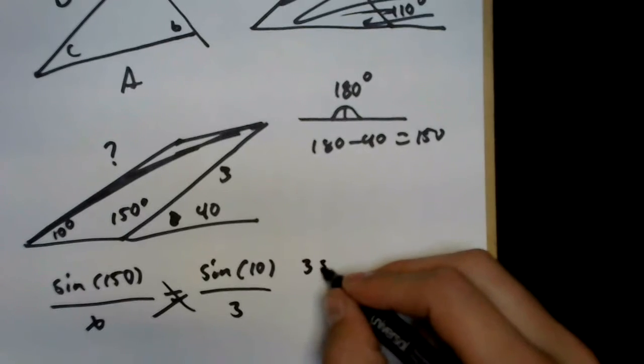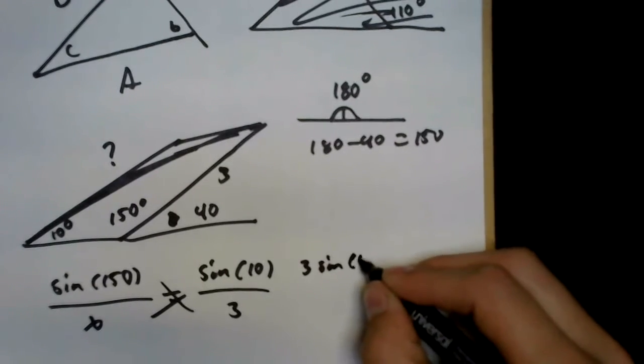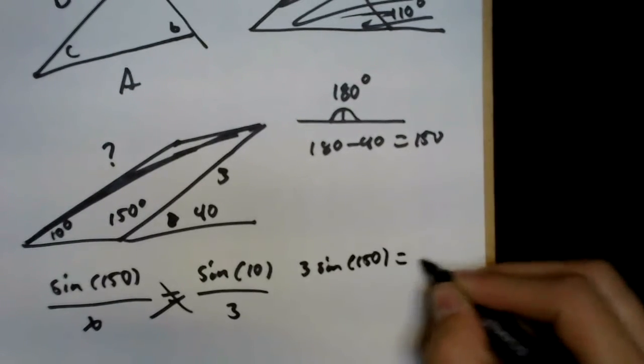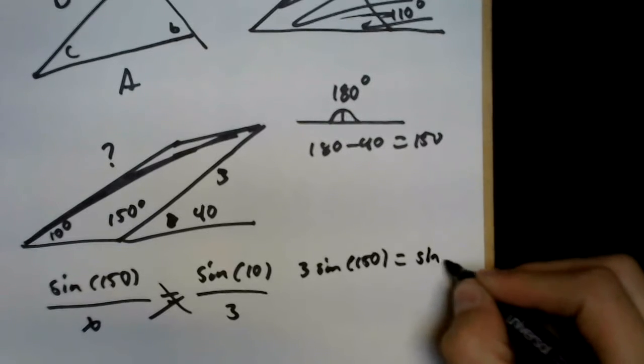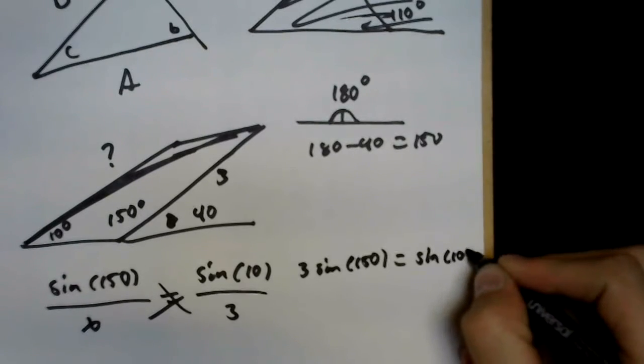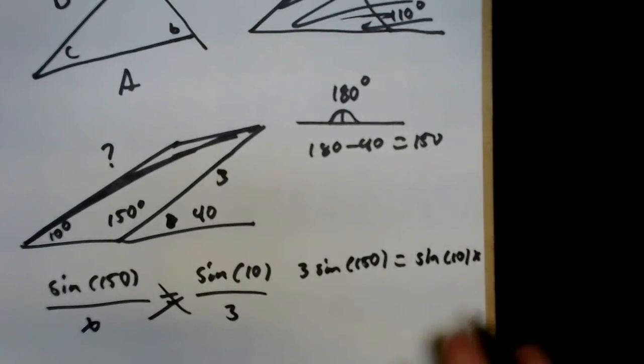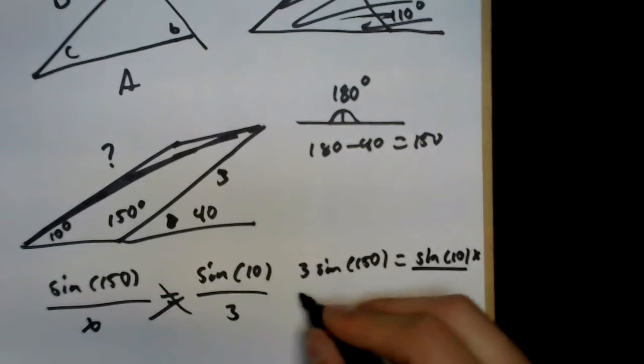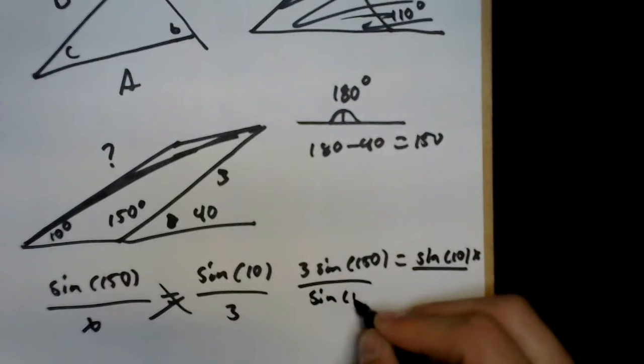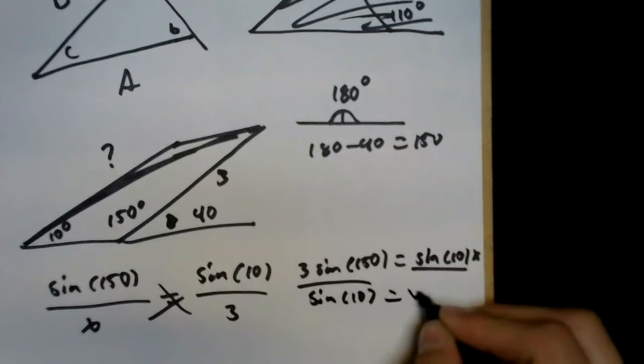You get 3 sine of 150 equals sine 10 times x. You get x by itself, you divide both sides by sine of 10 equals x.